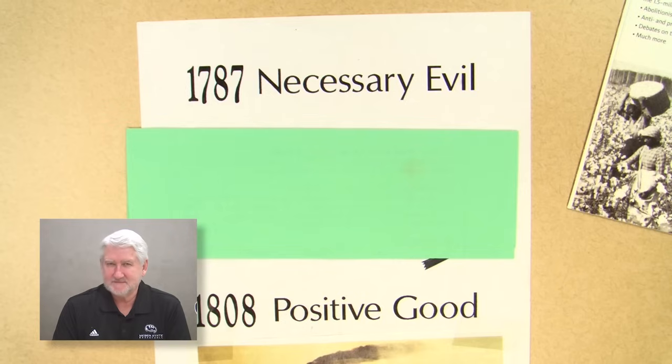By 1808, the same average, educated, well-born, aristocratic, wealthy Southerner who was apologizing for slavery back at the time of the Constitutional Convention was now very defensive about it. He had changed his mind.